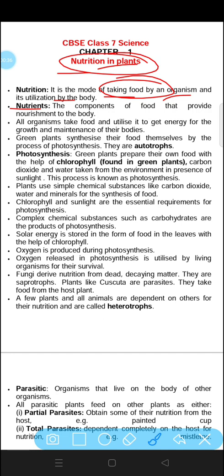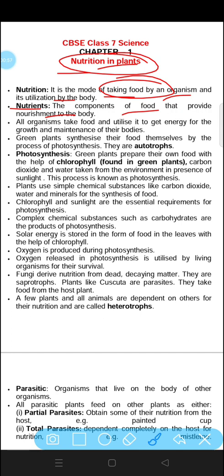Now next is nutrients. We have talked about nutrition. Nutrition is the process of taking food and its utilization. Now what are nutrients? Nutrients are the components of food that provide nourishment to the body. The different nutrients provide proper nourishment to our body for proper growth and development.